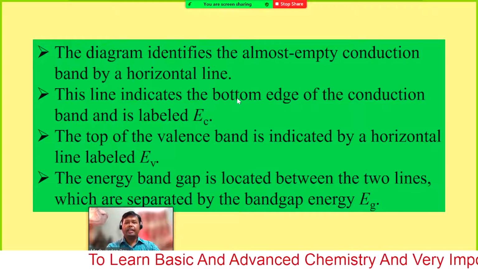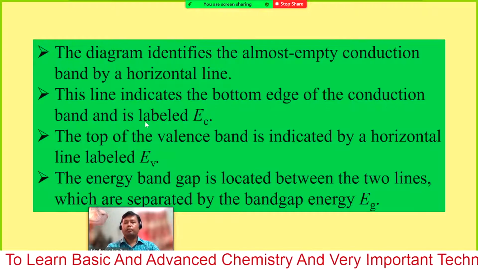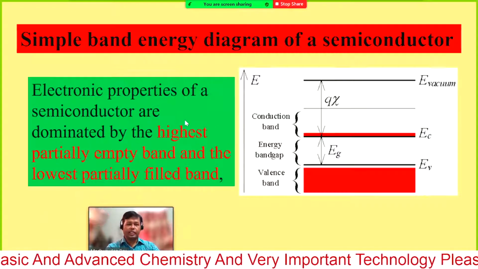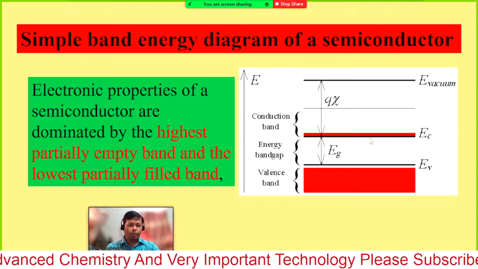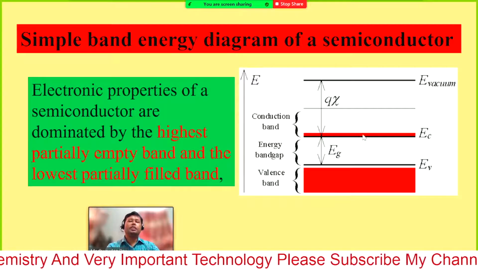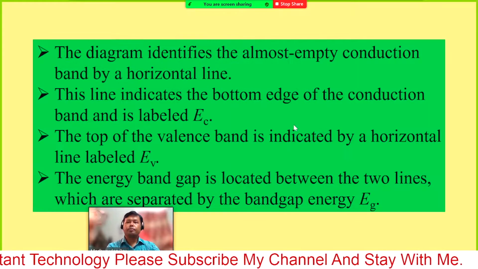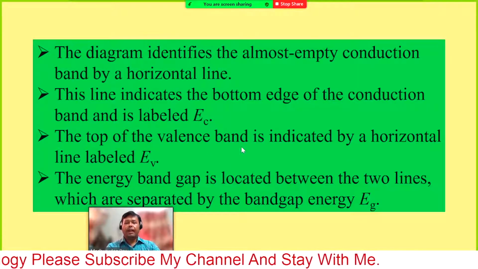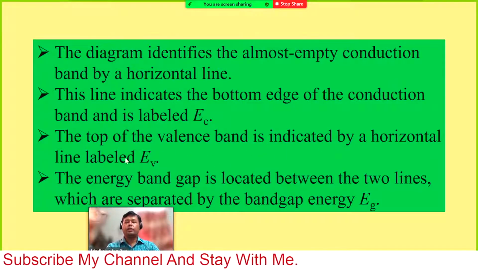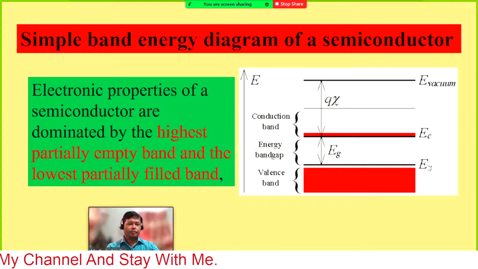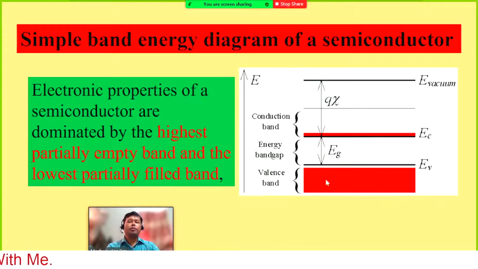The diagram identifies the almost empty conduction band by a horizontal line. The line indicates the bottom edge of the conduction band, labeled EC. That is the minimum energy of the conduction band, represented by EC. The top of the valence band is indicated by a horizontal line labeled EV, the maximum energy of the valence band.